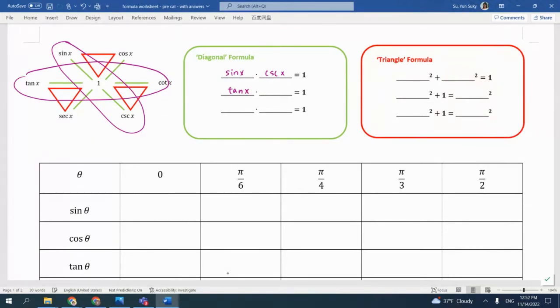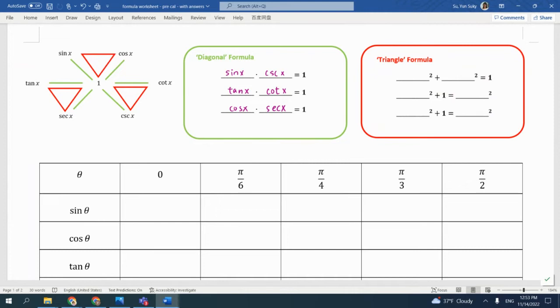Tangent x times cotangent x equals 1. The last diagonal, what do you get? Cosine x times secant x equals 1. Right, everybody? So be familiar with the trig identities. Very, very important. That's the basis of exam 3.